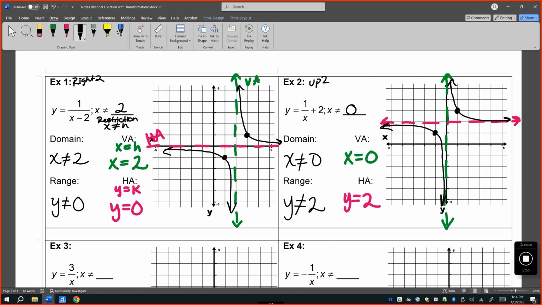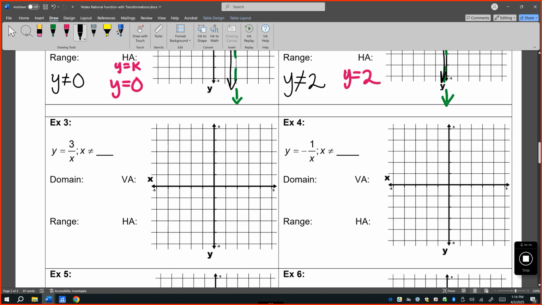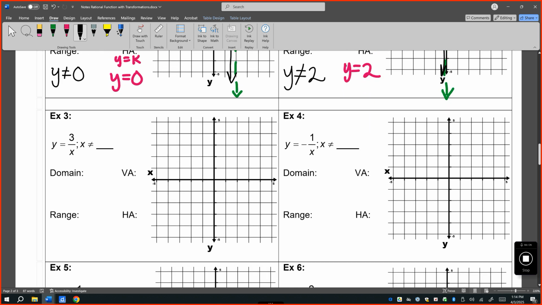Not so bad? Now we're going to mess with A, okay? So we're kind of doing examples where we just have one transformation, okay? So let's look at example 3. X cannot equal, anybody know? What can x not equal? X can't equal, what's h? 0.